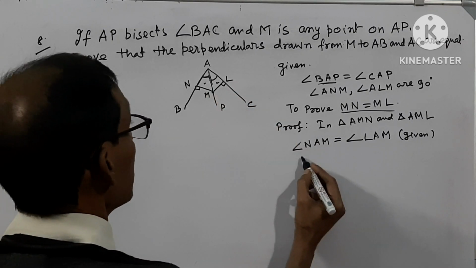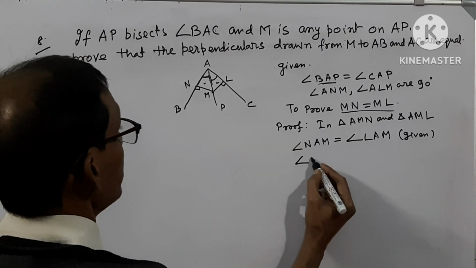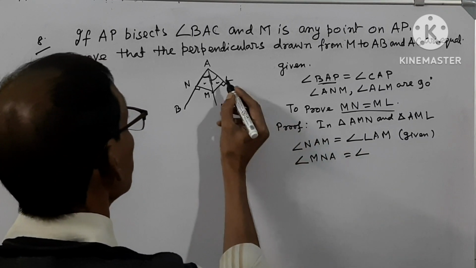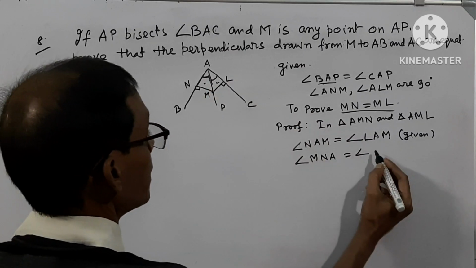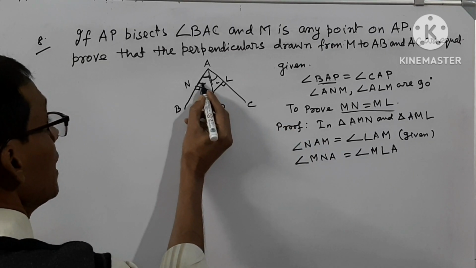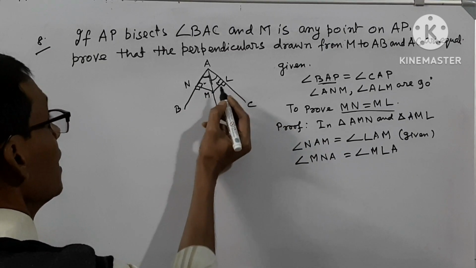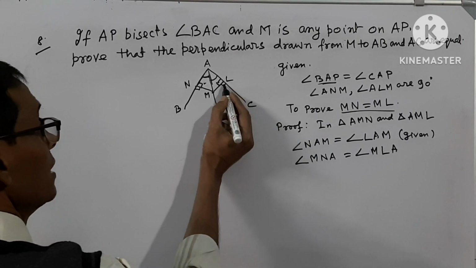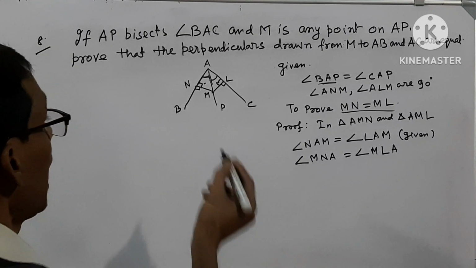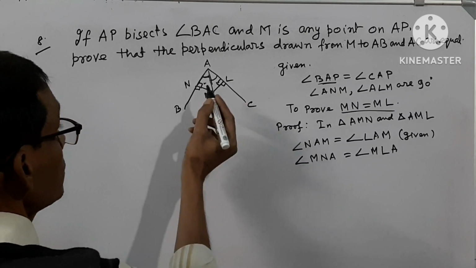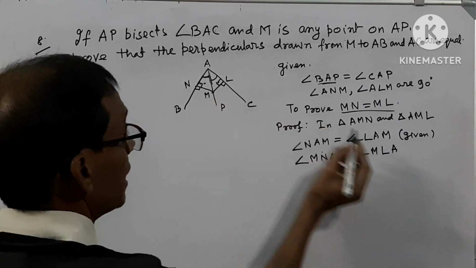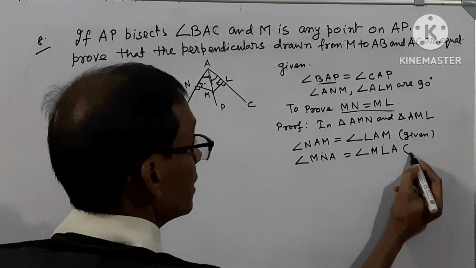These two, and another one, right angle MNA equal to angle MLA. See, this angle N and angle L, both are 90 degrees. If one is 90 degrees, another will definitely be 90 degrees, because two 90 degrees make 180 degrees, a straight line.